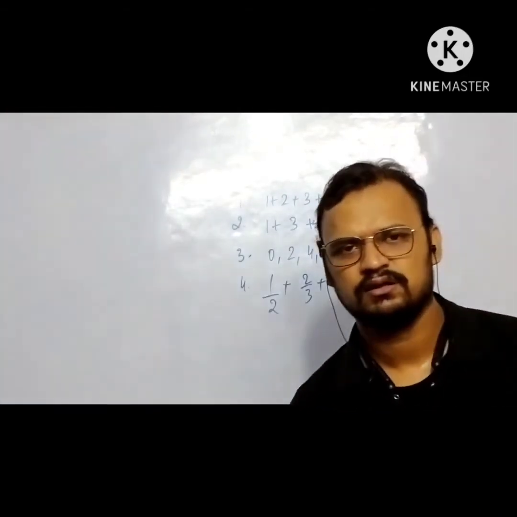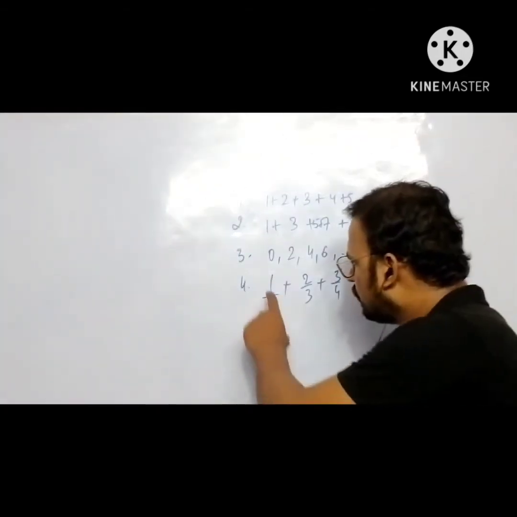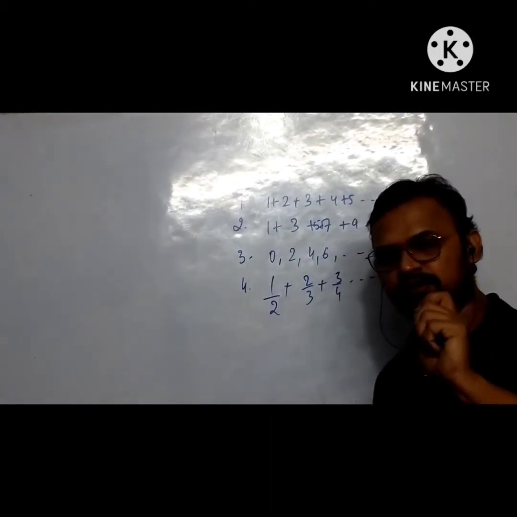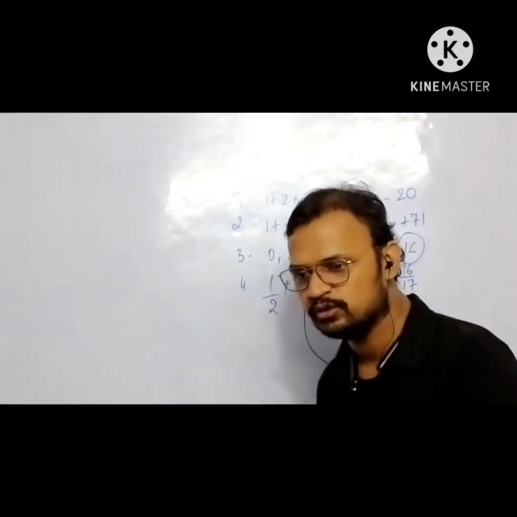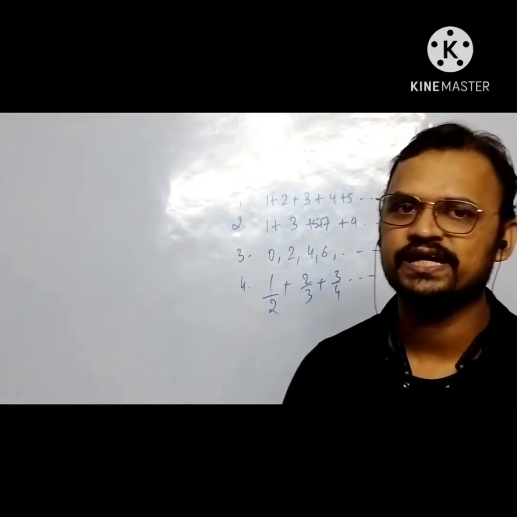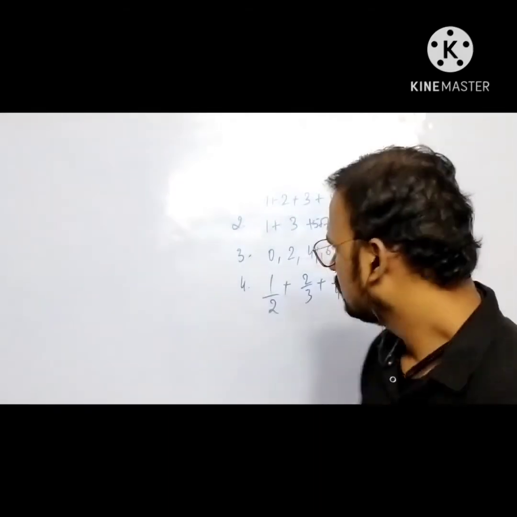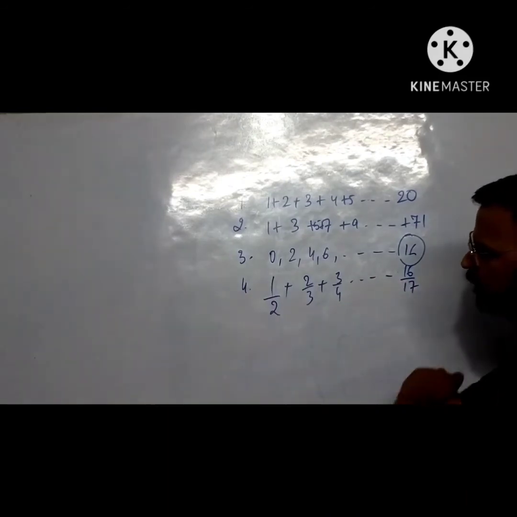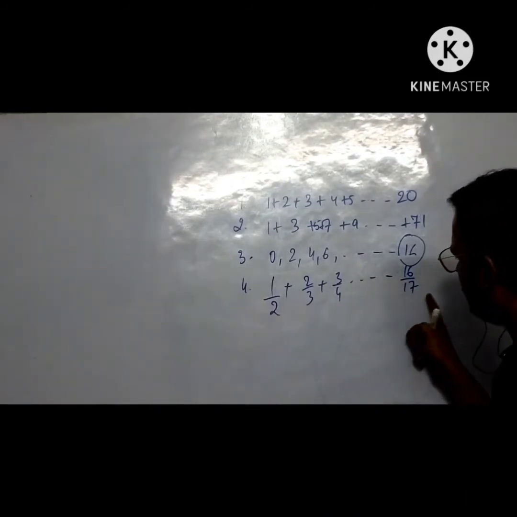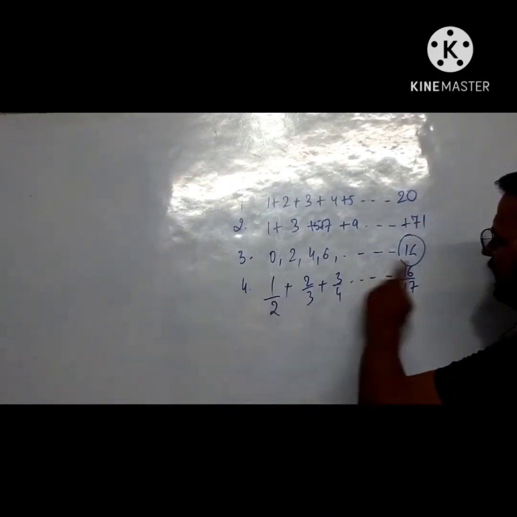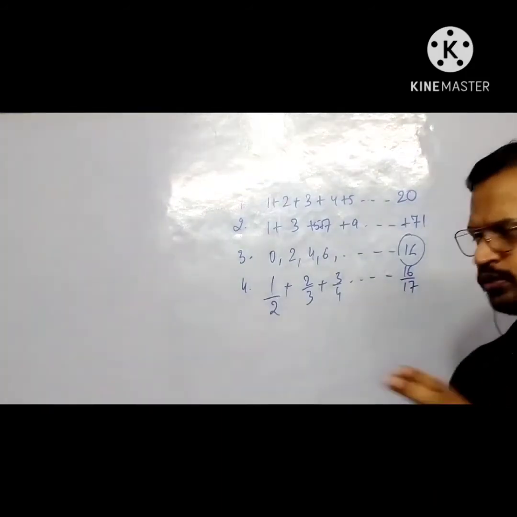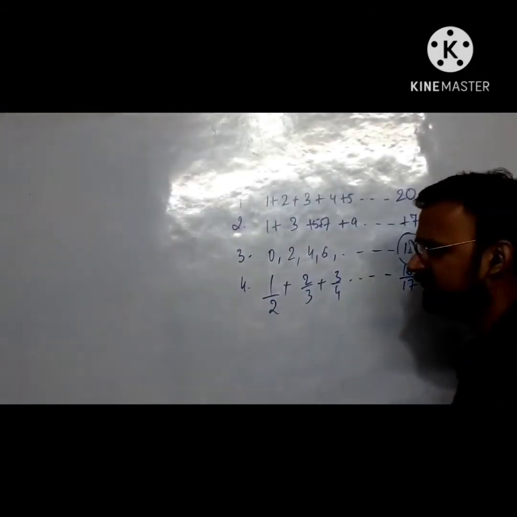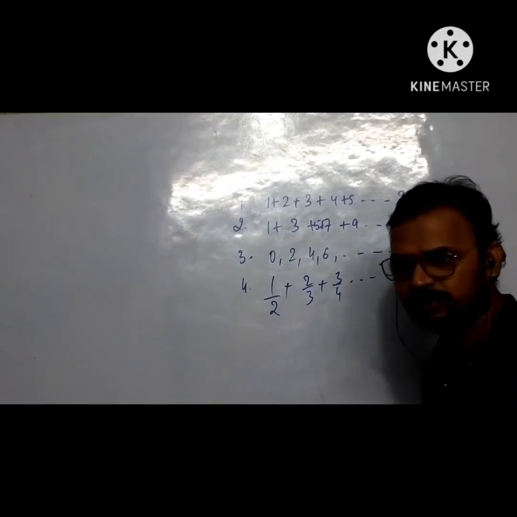Comma and plus is the difference. Suppose in that case we have to find which value is going to be changed. So see, what value is going to change? Numerator or denominator? The denominator is also changing. The numerator is also changing. The numerator is 1, 2, 3, 4, 5 and the denominator is 2, 3, 4 up to 17.